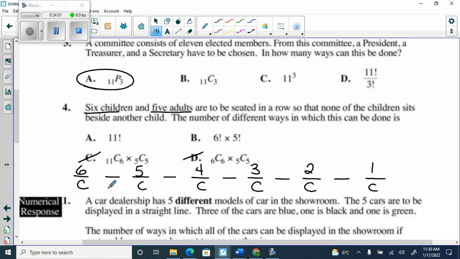And then I would have to go adult here, 5, adult, 4, adult, 3, adult, 2, adult, 1. How else could I write this instead of going 6, 5, 5, 4, 4, 3, 3, 2, 2, 1, 1? Yeah, 6 factorial for the C's, 5 factorial for the A's, and you're multiplying them all together. So it'd be B.